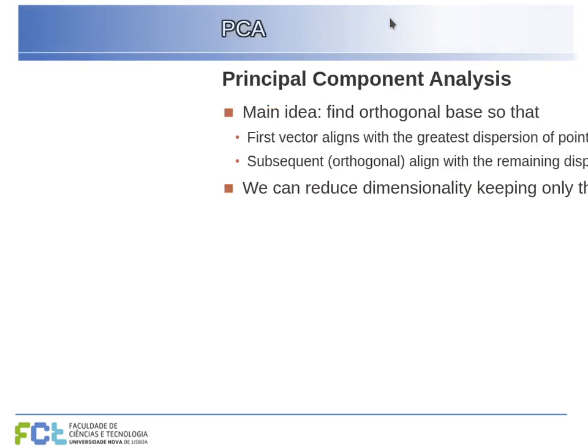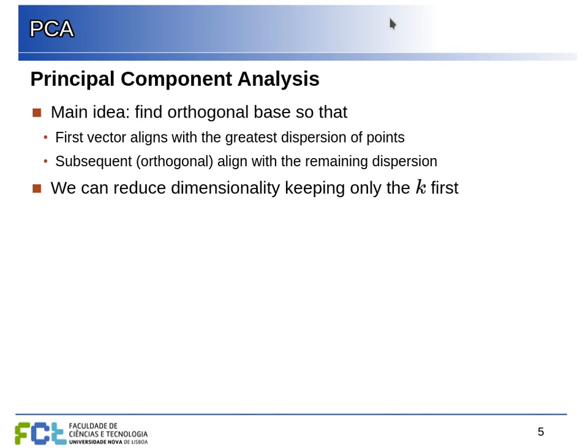So in principal component analysis, what we want to do is to find an orthogonal set of vectors, so an orthogonal coordinate system that will lead us to fewer dimensions than we start with, but aligns the vectors with the directions in which our data has the greatest variance, so the greatest dispersion of the points.